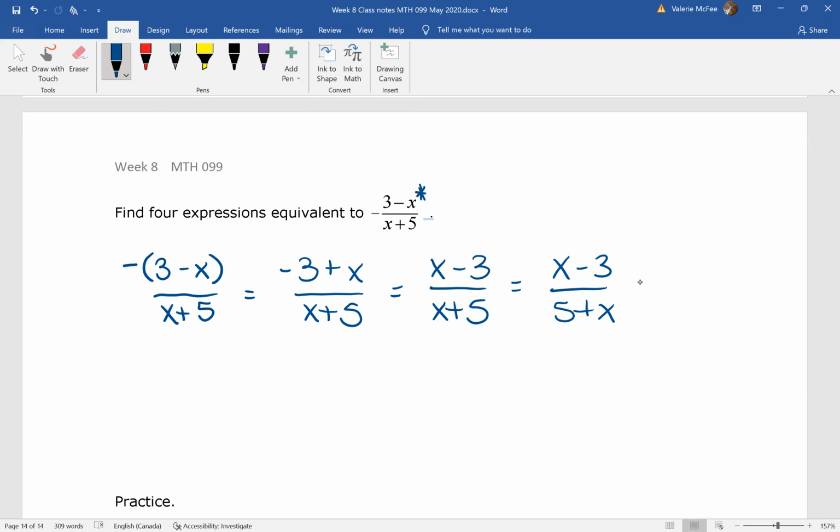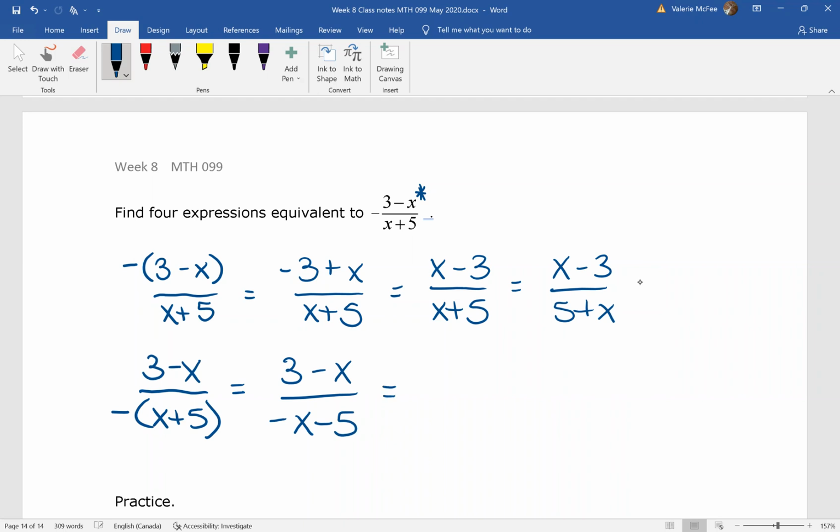But the second possibility is that you found the negative of the denominator. Three minus x over minus x minus 5. We could have changed the order in the denominator.